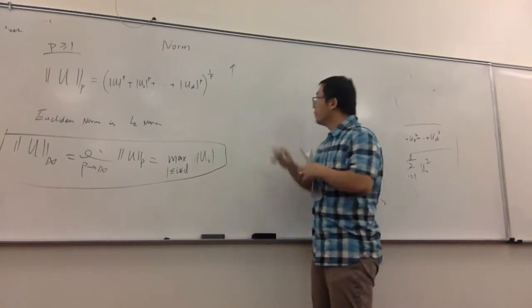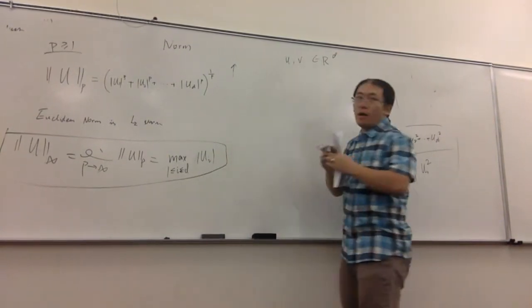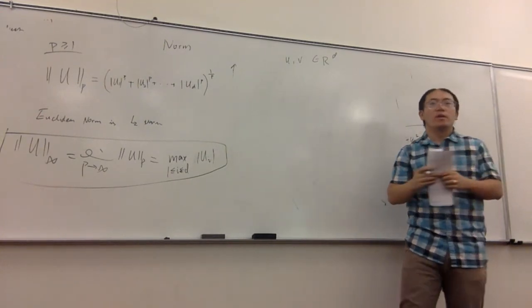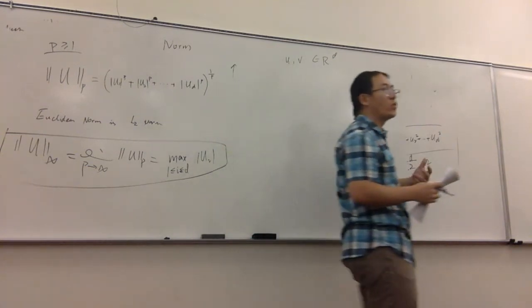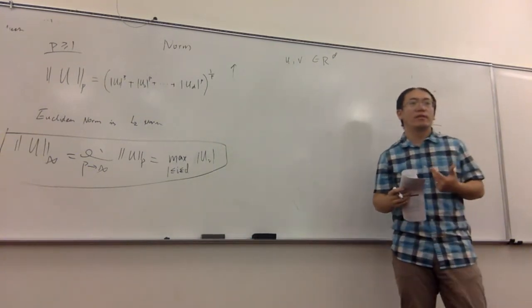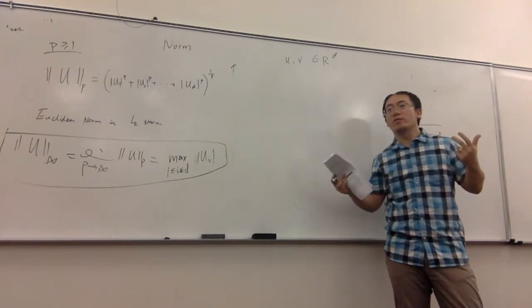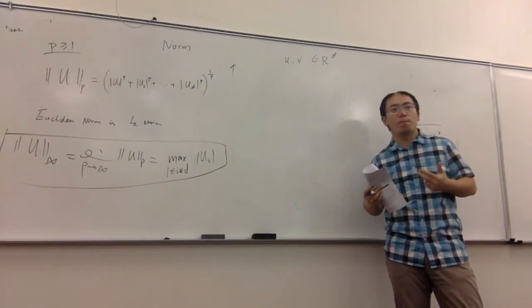We can define for any two d-dimensional vectors a distance metric to measure the closeness between them. To define such a distance metric, what kind of properties do we need to satisfy? You cannot return an arbitrary number as your distance. It must satisfy some properties.